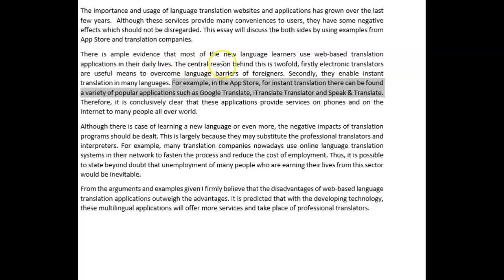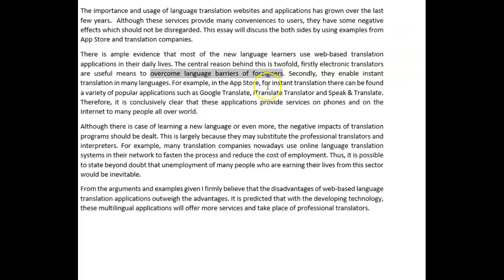So what you've really done here is you have two main ideas which are absolutely unsupported. You needed to show that these applications are useful to overcome language barriers. That's the main idea. So you need to show us how they do that, okay? You could even give us an example of how many travelers going overseas utilize these applications. That would have been a nice piece of support.